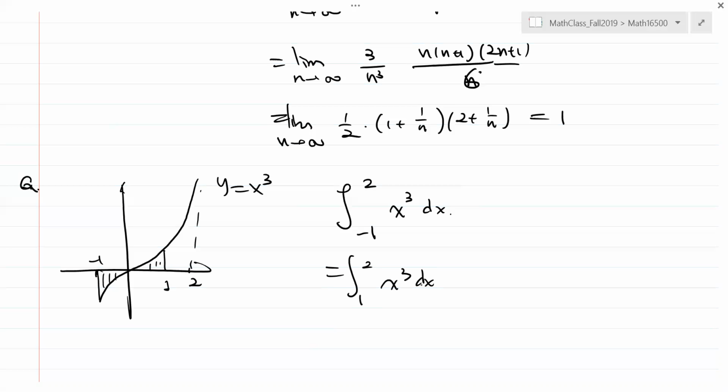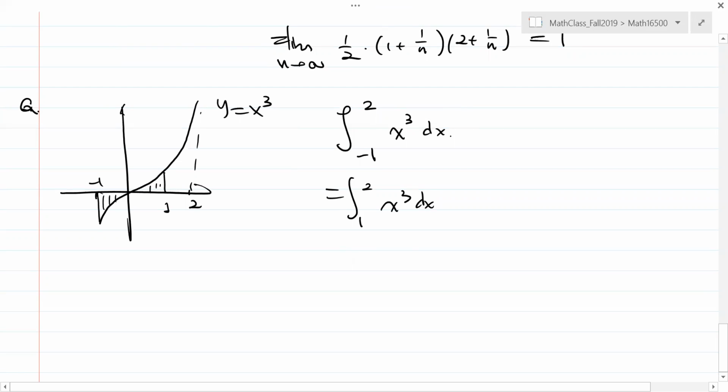The signed area of this positive part minus the area of this part. So you can see that you just need to find the area of the region under the graph between 1 and 2.